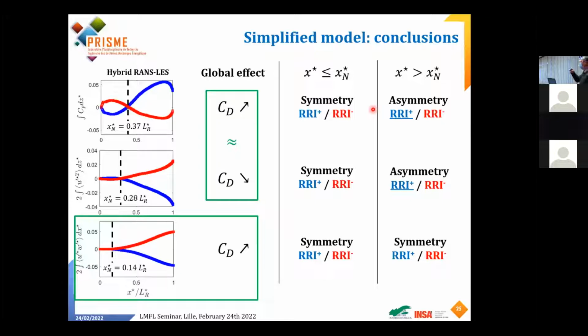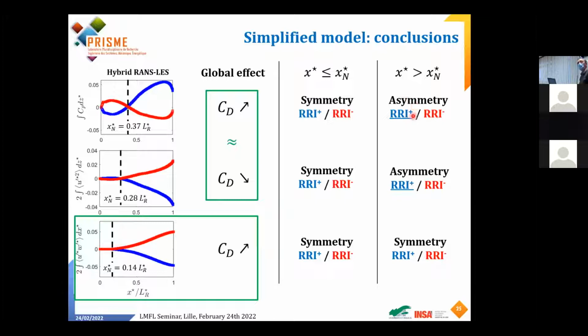Whereas if I'm looking now to what's happening after these neutral points, then I will have asymmetry appearing for the pressure and for the u prime square term, and the dominant term will be the upper shear layer, which means that if now I'm implementing turbulence outside of the bubble, then I may have effect on the upper part.